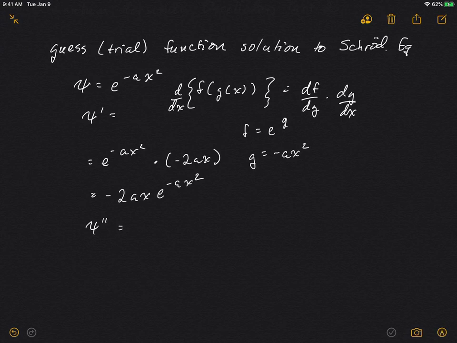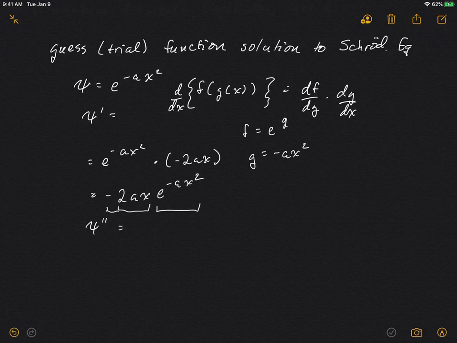And so the product rule, we're going to split this up into two functions that are the product of each other. And so applying the product rule, we would take the derivative of the first part with respect to x times the second part plus the first part times the derivative of the second part.